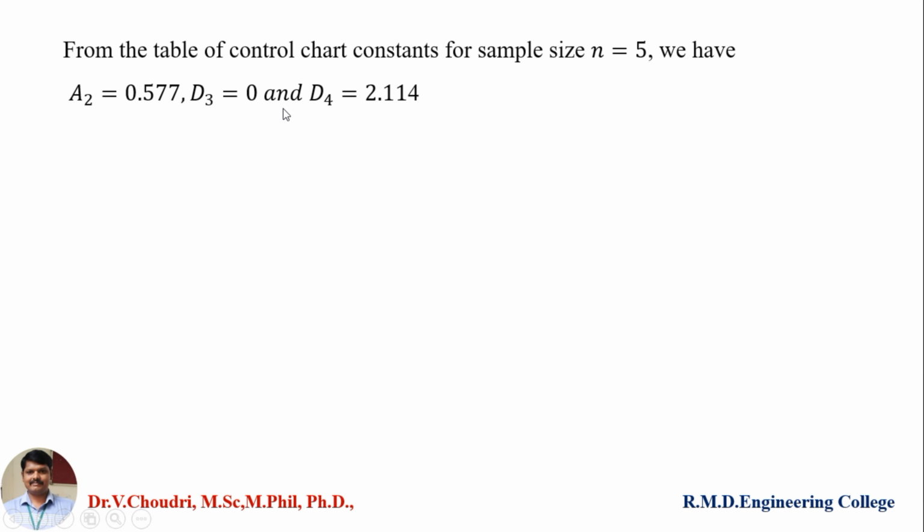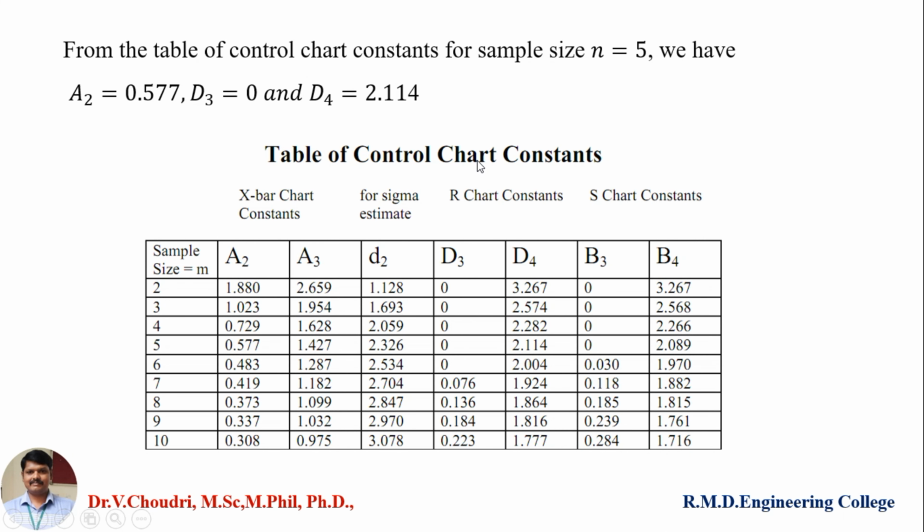Now from the table of control chart constants for sample size n equal to 5, we have A2 equal to 0.577, D3 equal to 0 and D4 equal to 2.114. The table values are given during the exam also, so you need not worry about that. For the X bar chart and R chart, these values will be used to get the result.